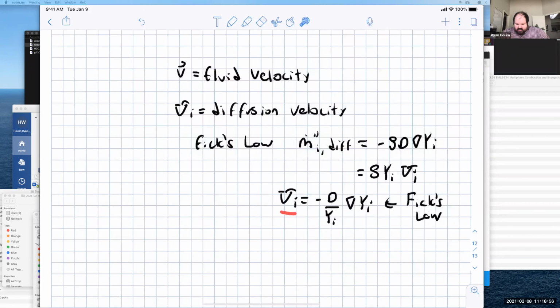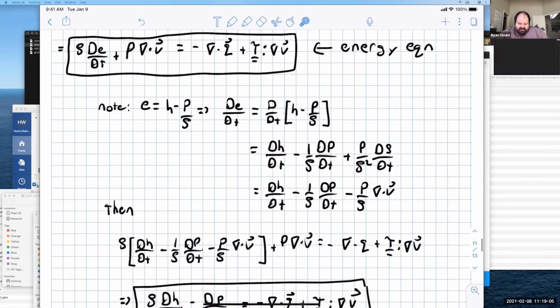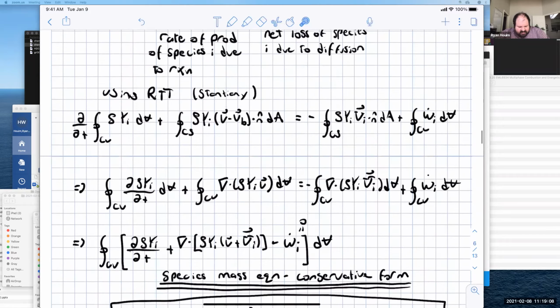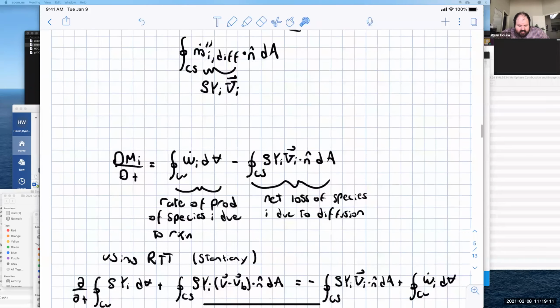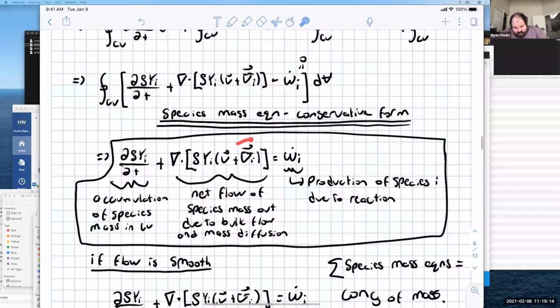Also, if you notice why we write it like this instead of a generic diffusion mass flux term: if you look at the species mass equation, at least in this form, which is called conservative form, the diffusion velocity is just added to the bulk flow velocity.